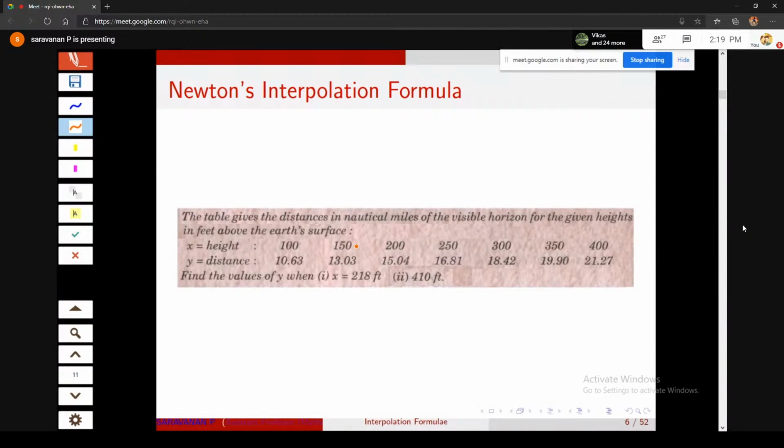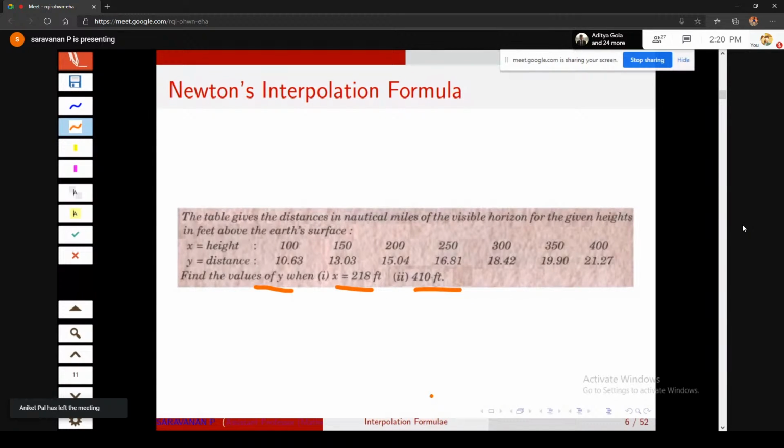Now, for example, take this. The given table gives the distance in nautical miles of the visible horizon for the given heights in feet above the Earth's surface. So if the height is 100 feet, the distance visible is 10.63, etc. The values are given at 100, 150, 200, 250, etc. We have to find the values of y when x is equal to 218 and when x is equal to 410.